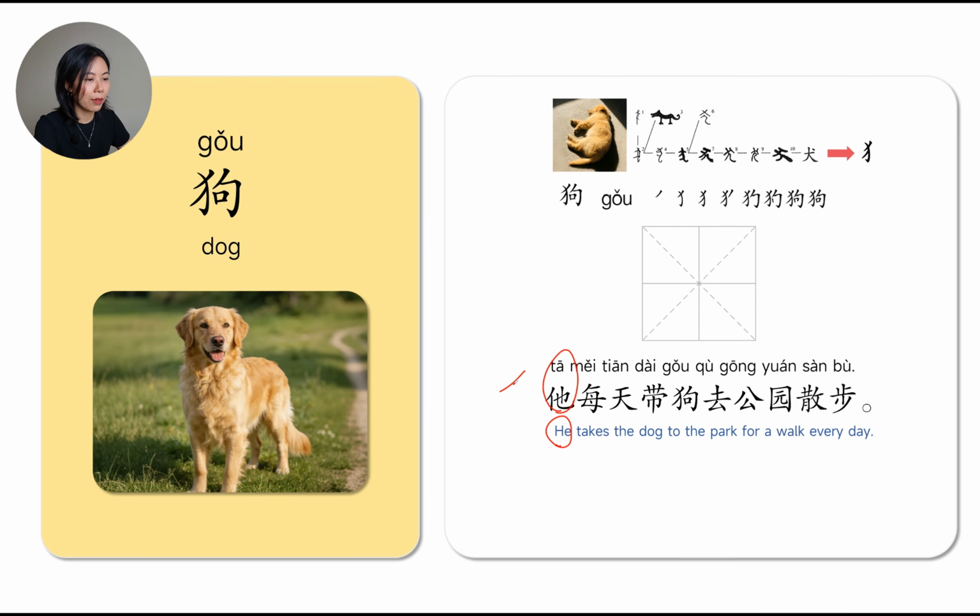It has a people radical, so it's a he. If it comes with a female radical, 她, that would be a she. Alright? 每天 every day. 带 to take, to bring.